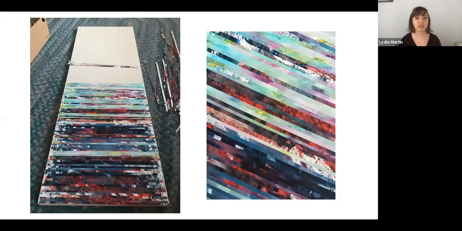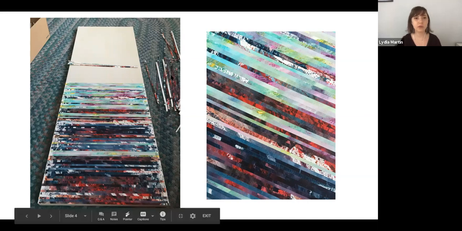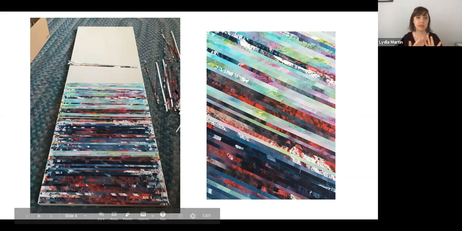So what does that actually look like? Hopefully you can see my cursor moving. Here on the left is a hardboard, a long rectangular wooden board. If you can see these strips lying on the ground, what I did is I painted a whole sheet with reds and purples and browns. I painted a different sheet with light blues and light pinks.